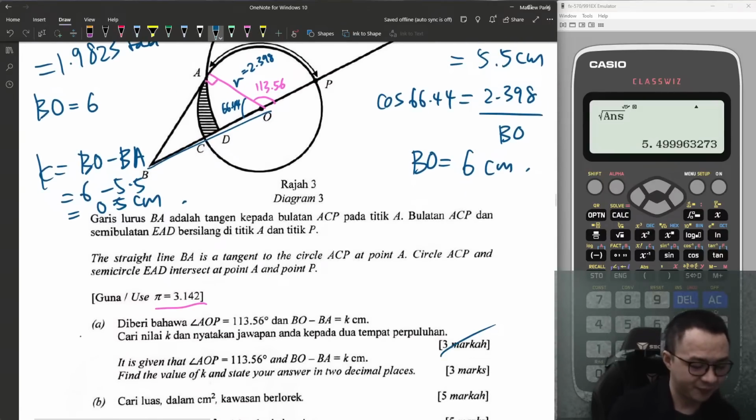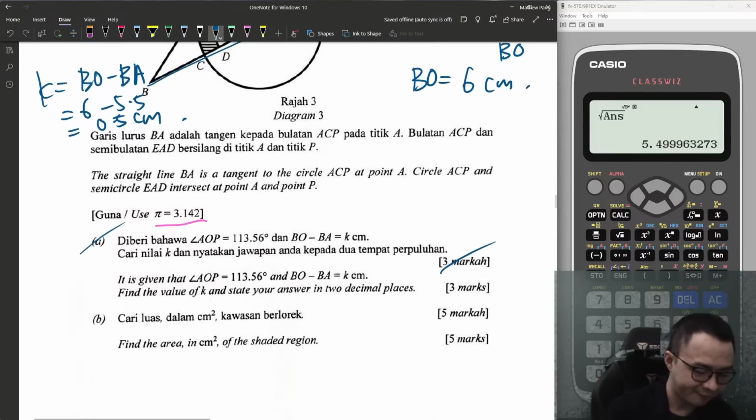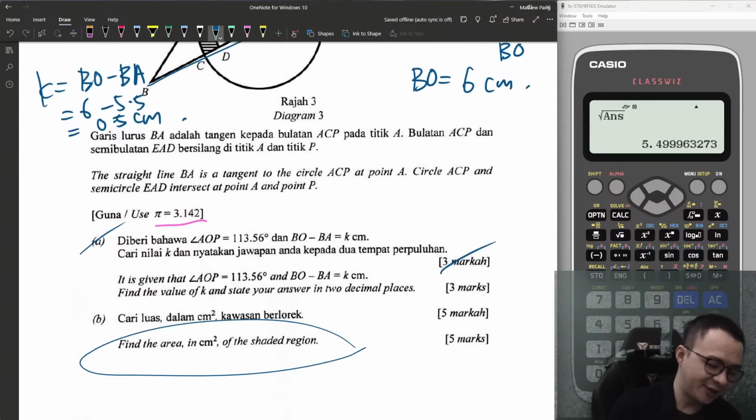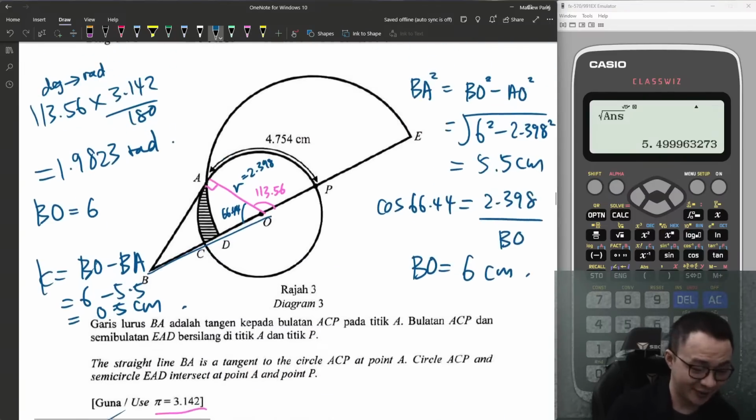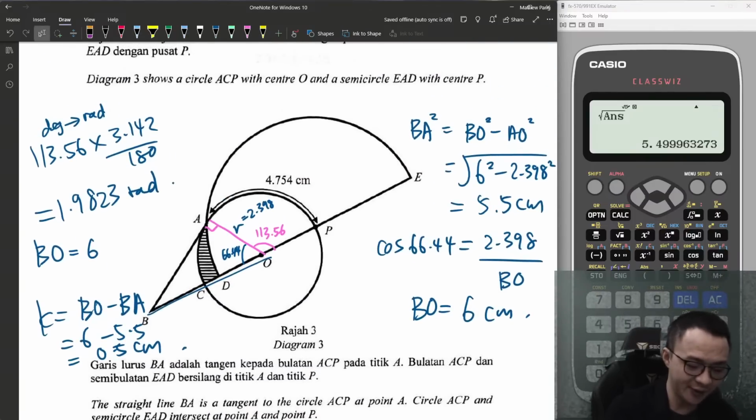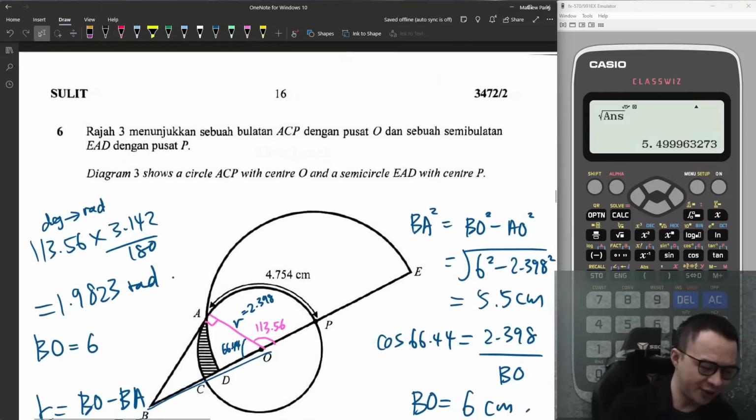3 marks. Not too hard. Now the shaded region, this one is 5 marks. Quite a lot of work needs to be done here. We want to find the area of the shaded region. So I will just write down all the information I have, as I'm not sure later whether I need to use it or not.